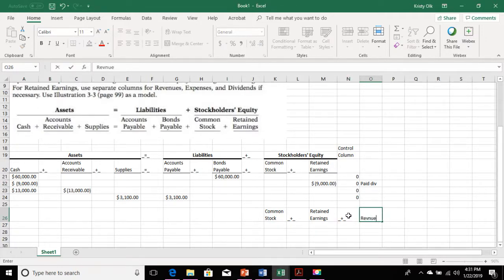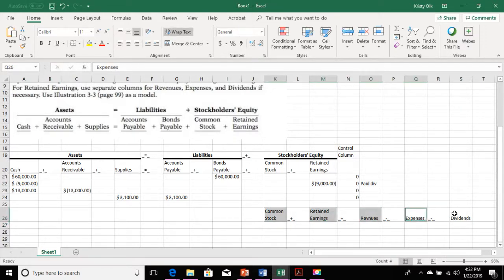Plus current period revenues minus expenses minus dividends.